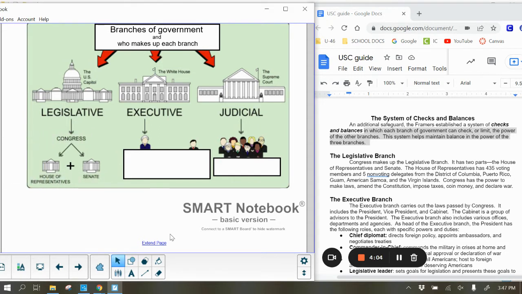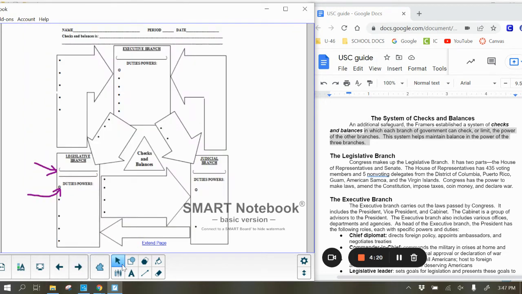Next, we're going to look at the executive branch. So the executive branch is made up of the president, the vice president, and cabinet members. And I misspoke before. We are not going to do anything by that star yet.